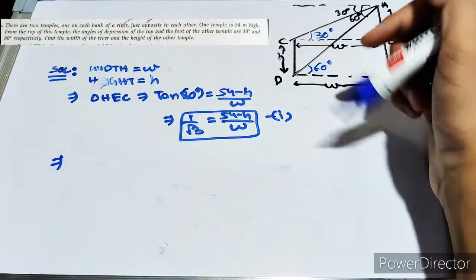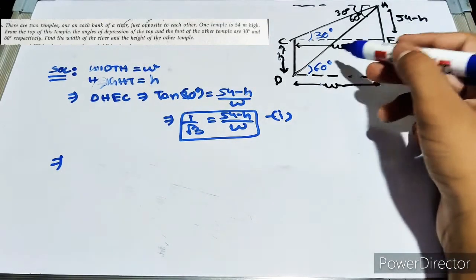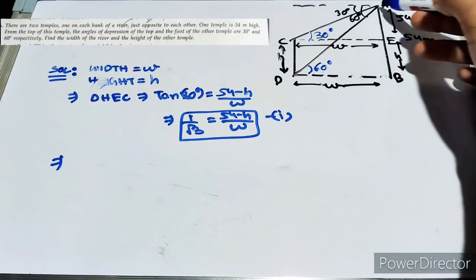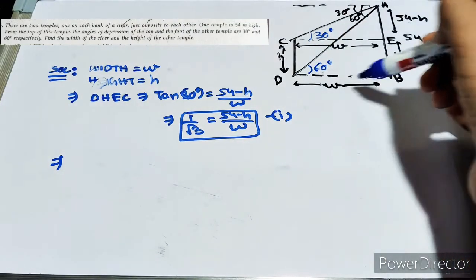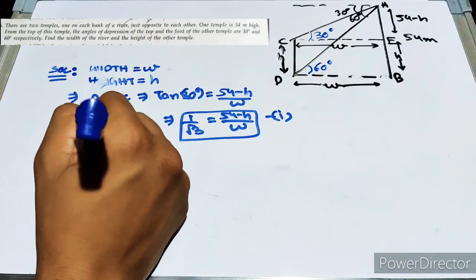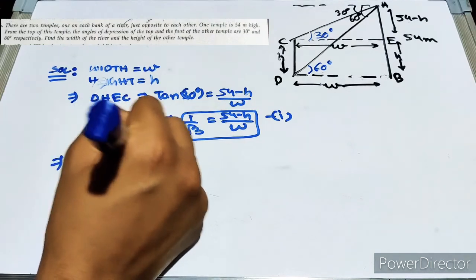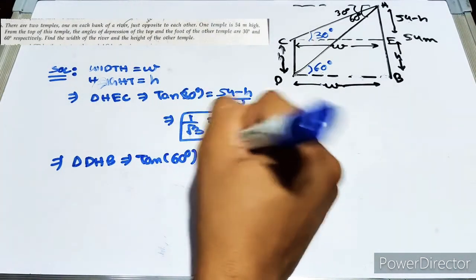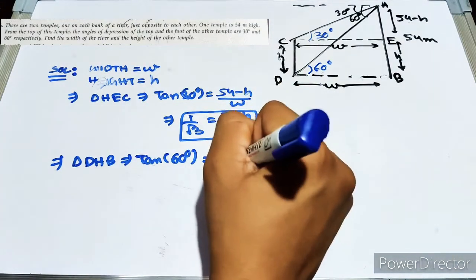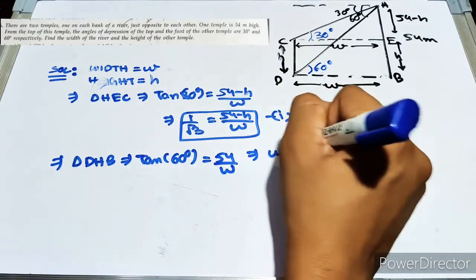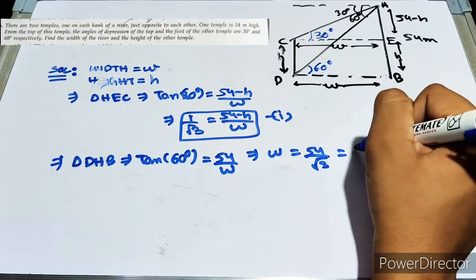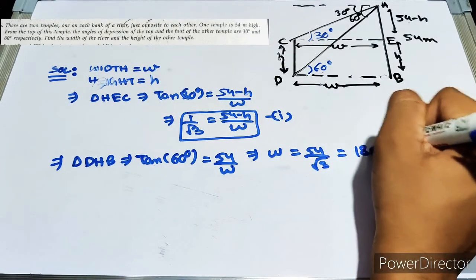From this triangle DHB, we know that tan 60 degrees equals 54 upon w. Since this height is 54, this is the perpendicular, and DB is the base w. So from the triangle DHB, we get that tan of 60 degree is equal to 54 upon w. This implies w is equal to 54 upon root 3, which is equal to 18 root 3.